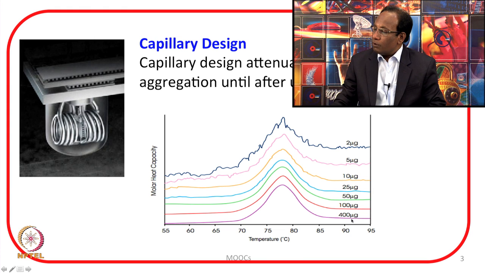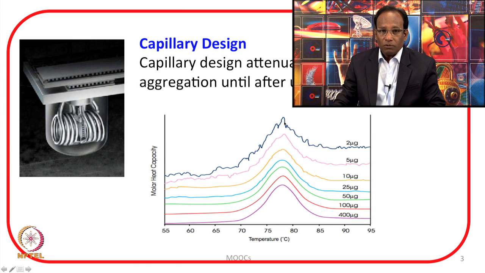And as you keep on reducing the amount of the sample, even 2 microgram of the sample is good enough to give us very accurate information on the transition temperature, the Tm, the temperature where heat capacity is maximum.